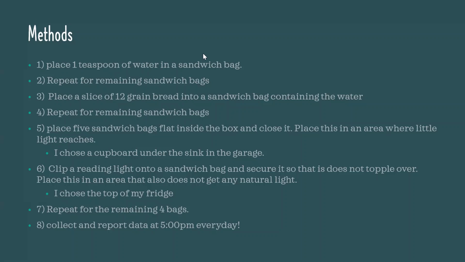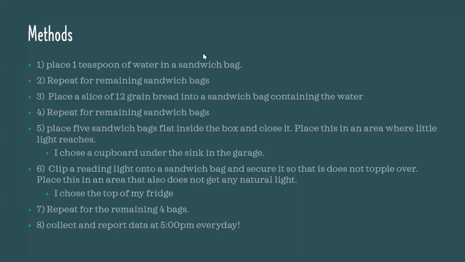Now, I had 5 Amazon reading lights. These lights have a little clip-on at the base, and so this clipped onto the zipper part of the sandwich bag and was then secured using duct tape to make sure that the reading light didn't topple over. Now, the distance between the light fixture in the fridge and the top of a loaf of bread was about 5 inches.